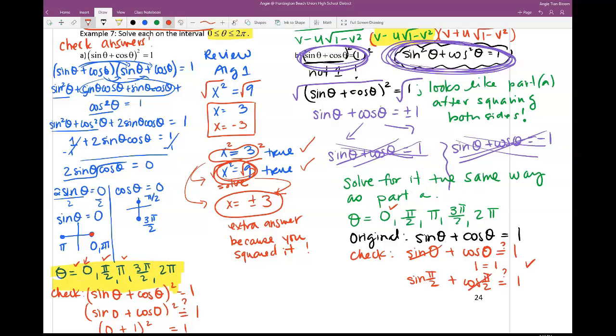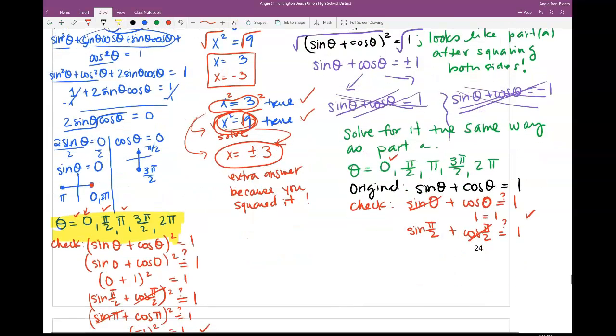Well, cosine of pi over 2 is 0. Sine of pi over 2 is 1, so that's okay. How about pi? Sine of pi plus cosine of pi, does it equal 1? Sine of pi is 0, so that's okay. Cosine of pi is negative 1. Negative 1 does not equal 1, so I can't keep that.